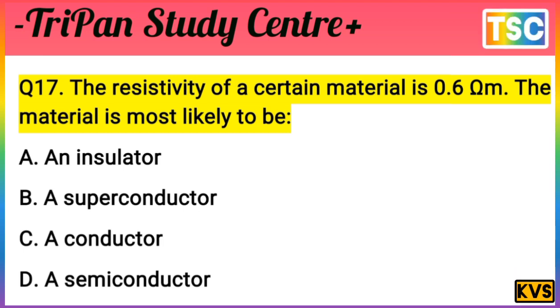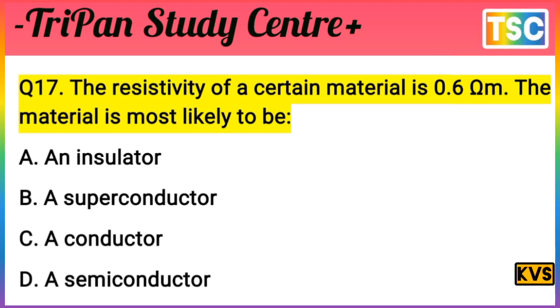The question is clear. The resistivity of the material is 0.6 ohm meter. The material is most likely to be? Option A, an insulator, is not applicable because A is a wrong answer.